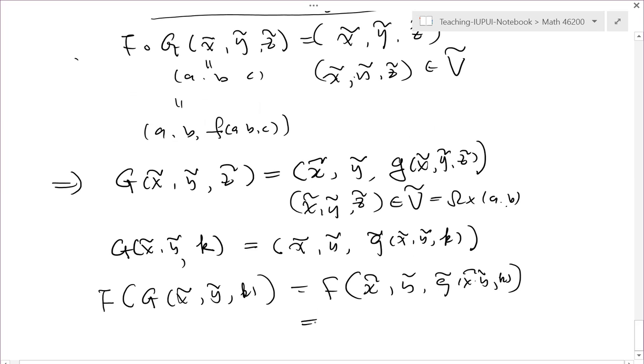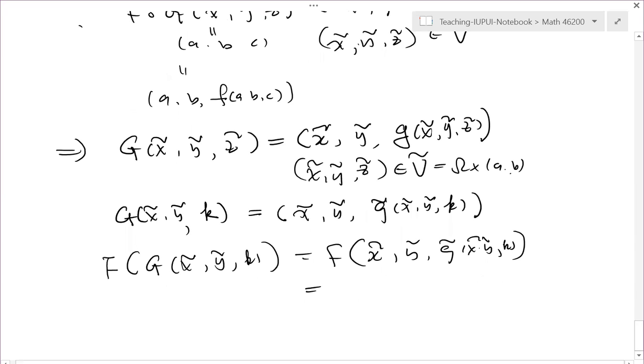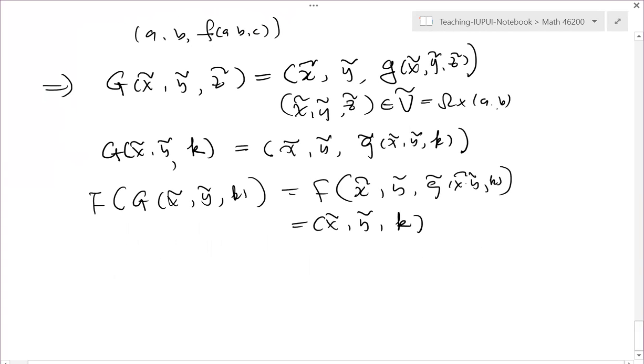So that is going to be the inverse. And so that indicates, on the other hand, this is going to be x2, y2, f x.